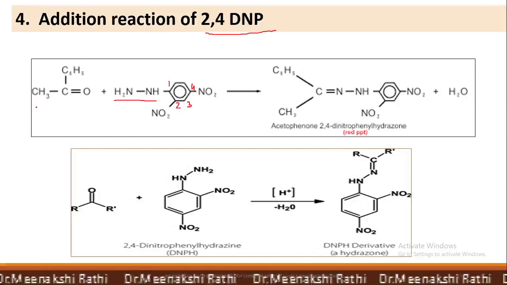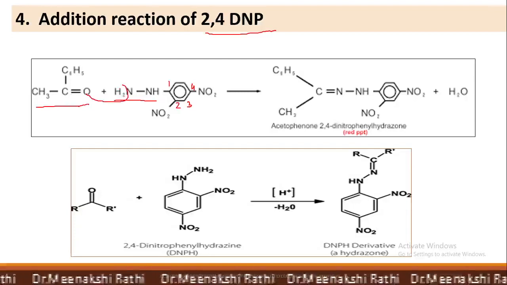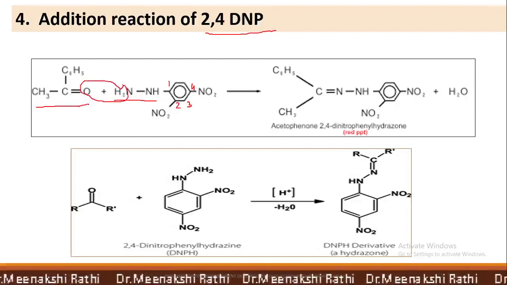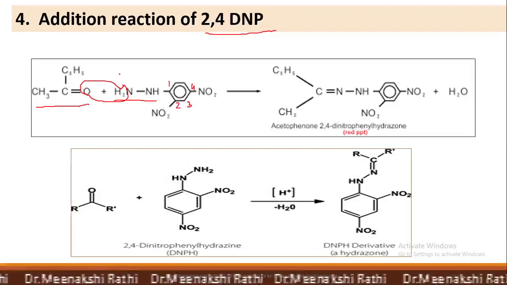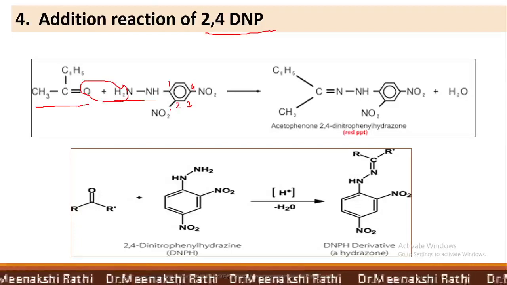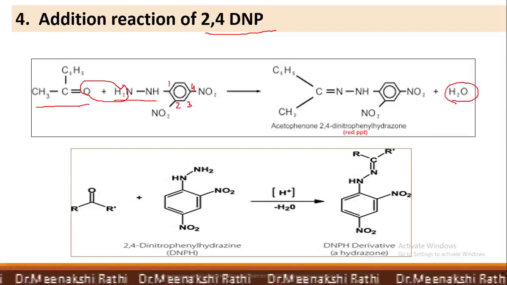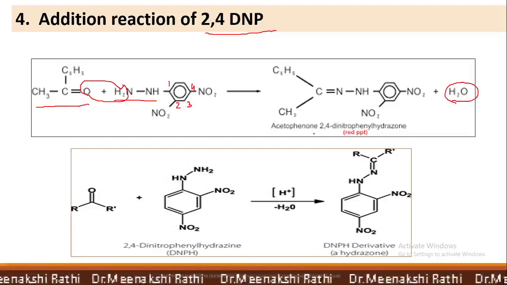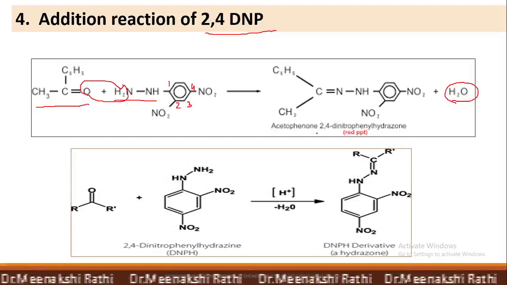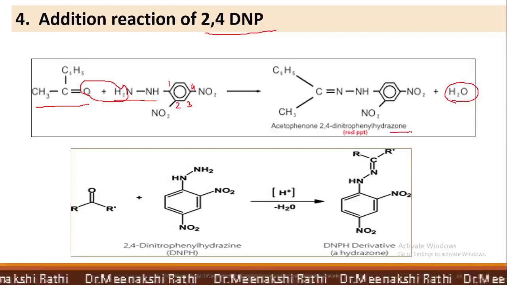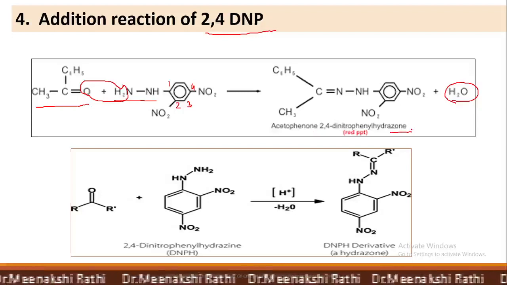When it reacts with ketone, again there is an addition elimination product or condensation reaction that takes place, and these two bigger molecules join with each other by the removal of a simple water molecule. It is known as acetophenone 2,4-dinitrophenylhydrazone or 2,4-DNP.